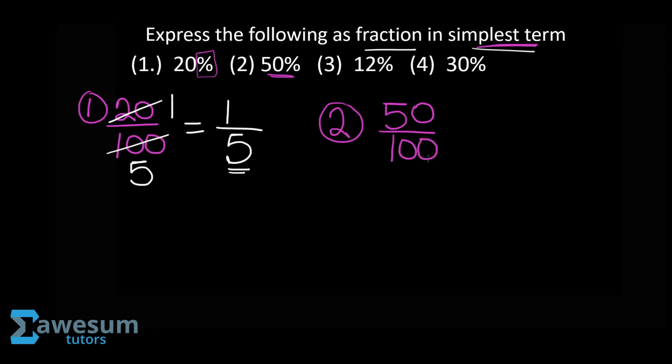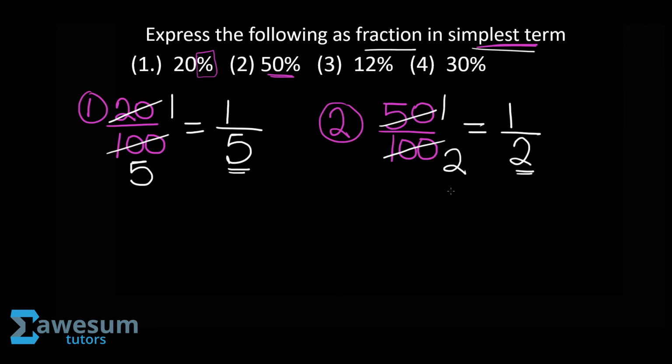Okay, now if you take a look at this, you will also realize that 50 can divide 100. 50 is a common factor. Okay, so that means that I can say 50 here 1 and 50 here 2, and my final answer is going to be 1 over 2.